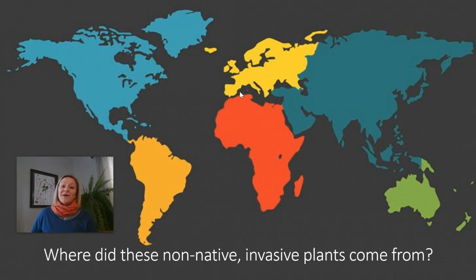Well, I can tell you that a majority of them came from these continents. And in the weed world, we call that Eurasia. Okay, we just lump them together because it's difficult to pinpoint exactly where each specific noxious weed is from. So we just say Eurasia. The majority of the 36 noxious weeds that are impacting Montana come from Europe and Asia.